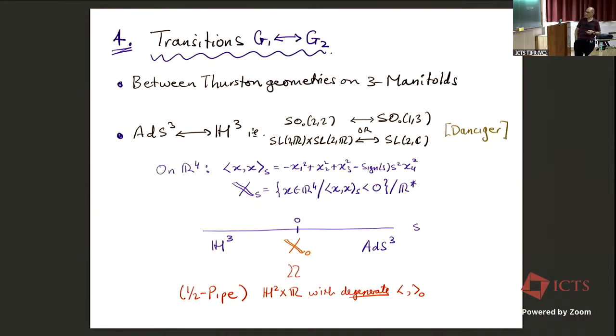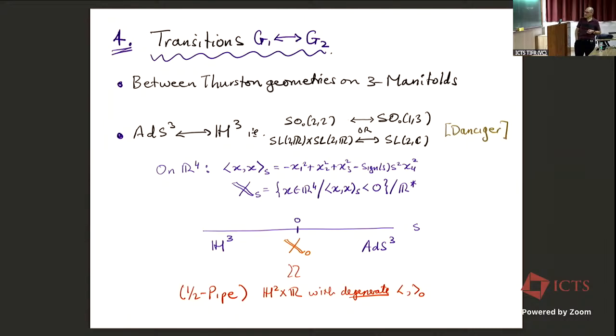These are both described by a bilinear form with different signature. He constructed this family of bilinear forms where the parameter S controls one of the signs.